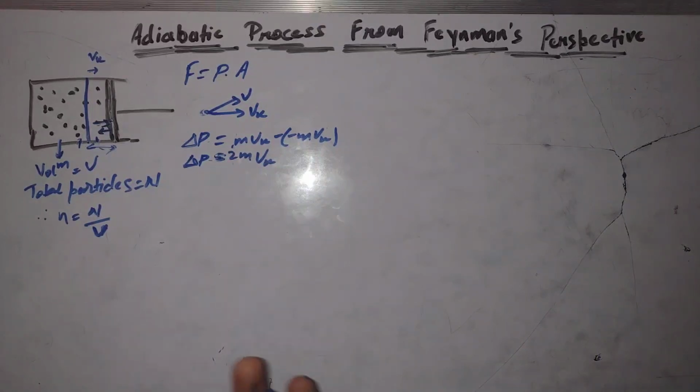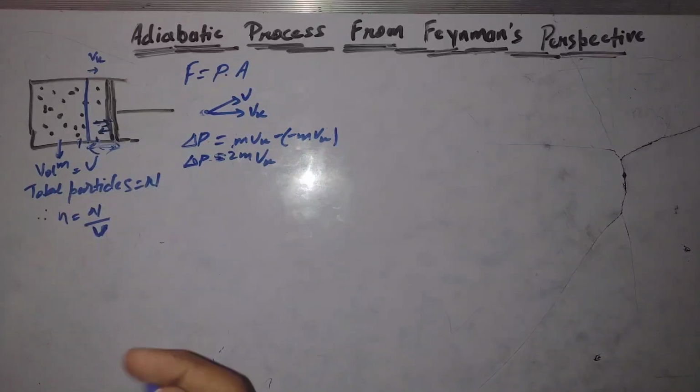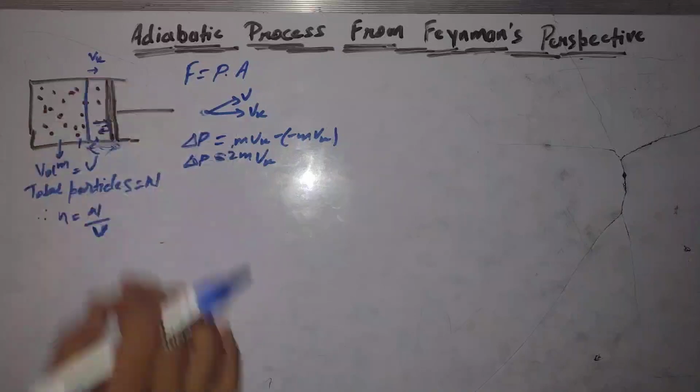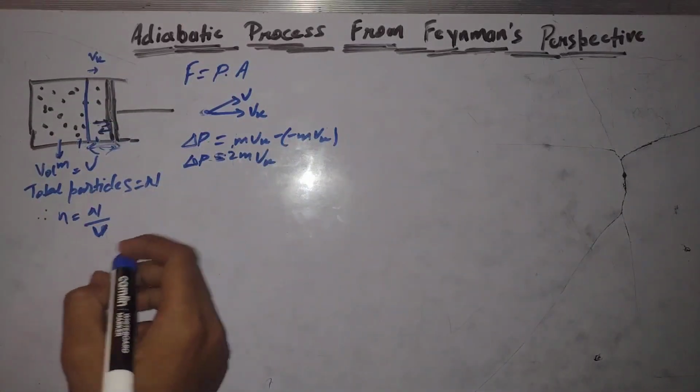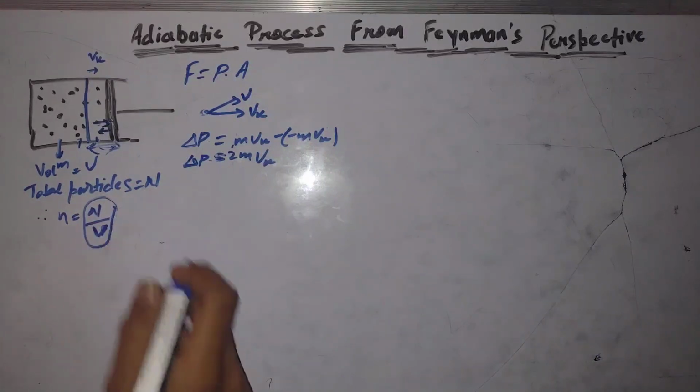Now, the total number of particles will be this distance, this is small volume. Okay, this is small volume. So in unit volume, we have this number of molecules.